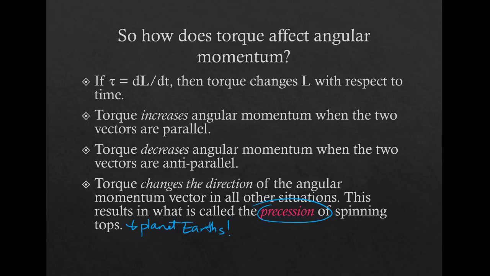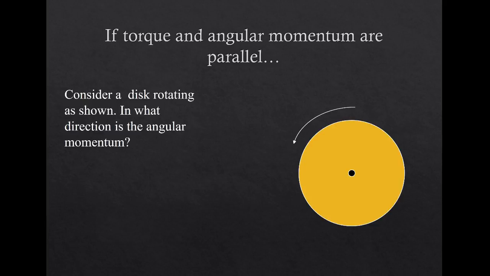Okay, so here's a simple example if torque and angular momentum are parallel. If a disk is rotating like this, what's the direction of the angular momentum? We can recognize that angular velocity is actually a vector, so whatever direction the vector is for omega, it'll be the same for L, and in this case, it's out of the page.